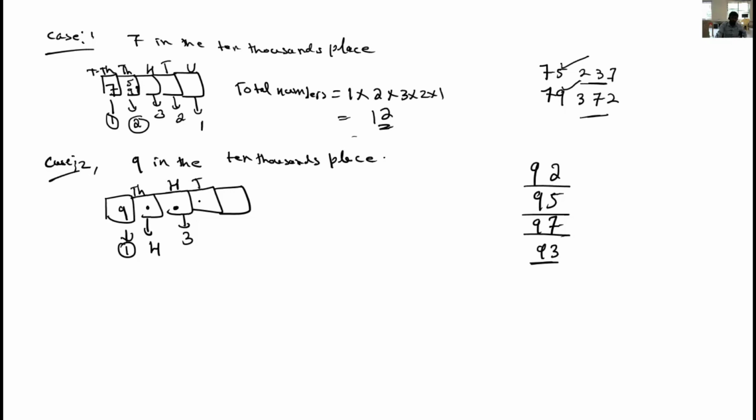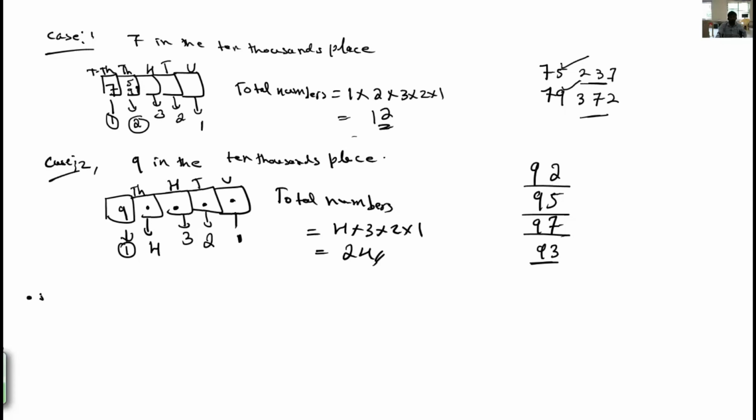Then the tens place, 3 numbers are fixed, so you can use any one of the remaining numbers. 2 numbers are remaining. Unit place only 1 number is remaining. So total numbers is equal to 4 into 3 into 2 into 1. 4 3s are 12, 12 2s are 24.